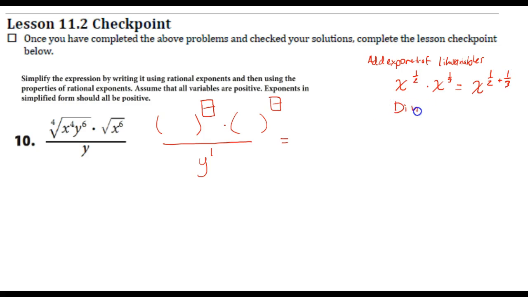And if we're dividing like variables, we can subtract. What that would look like here, just like you see here, if it's multiplying, we can add the exponents. If we were dividing, it would look something like that. So just make sure to apply that for number 10 and work that out.